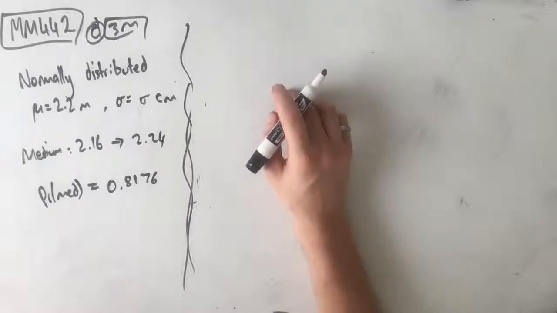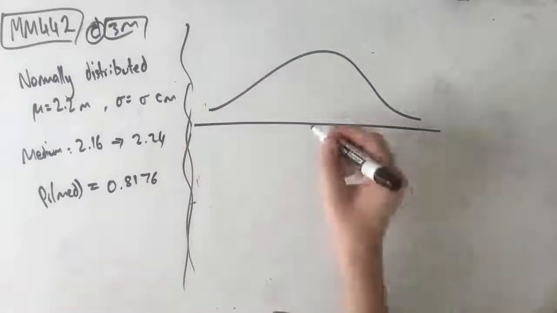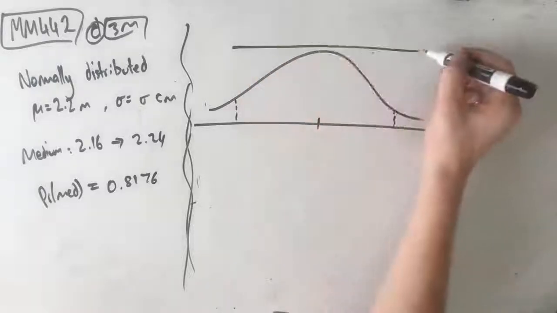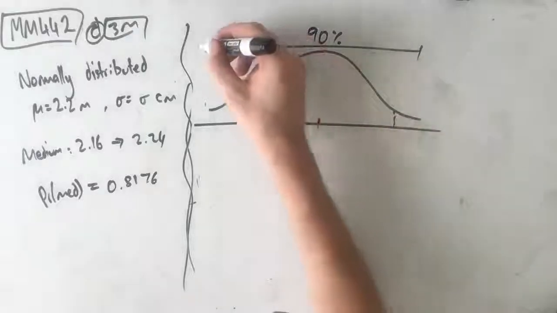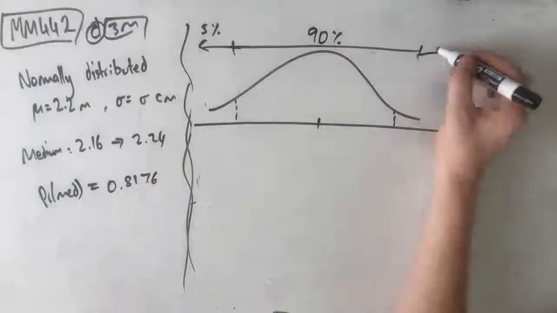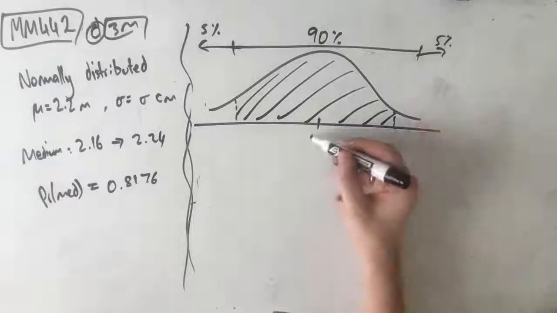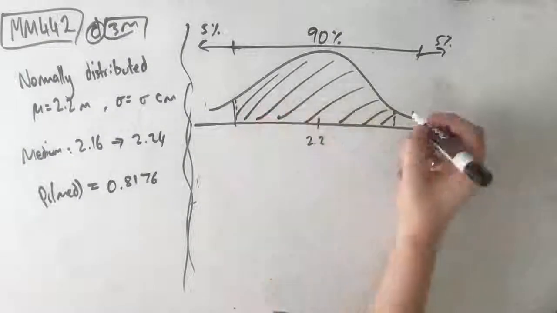Awesome. So what this means is we have our 90% of medium poles, which lies in here, which means that everything less than that is going to be 5%, and everything greater than that is going to be 5%, right? So these are our medium poles in the middle here. Still a mean of 2.2, but we're looking for the value of sigma, so our standard deviation.